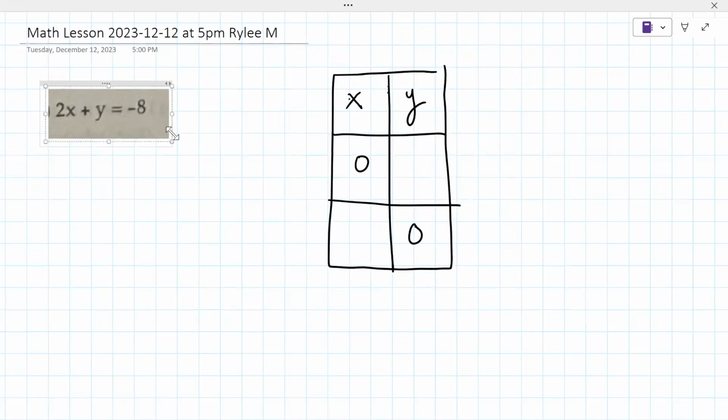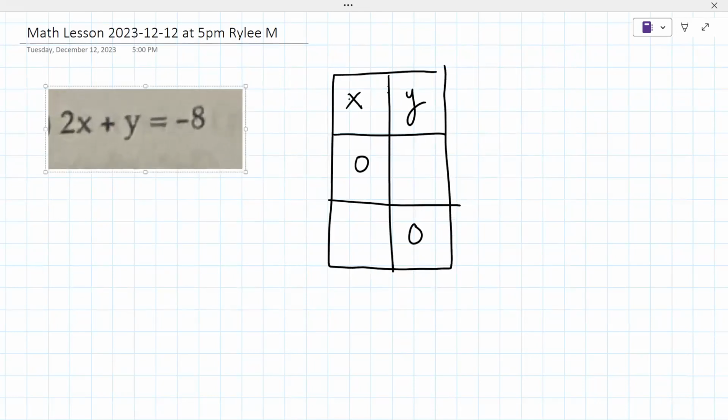That's okay. Are you able to see my screen now? Yeah. All right. So we did a bunch of problems like this last time and the week before. So hopefully this is just review for you. I was hoping you could find the X-intercept and the Y-intercept. Basically, asking you to fill in this table here. If you have questions, please ask.